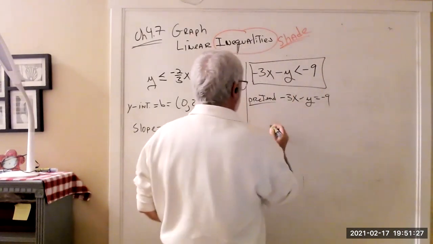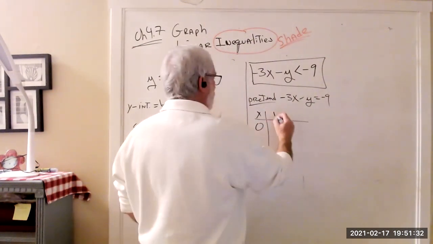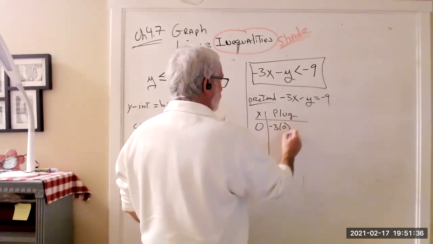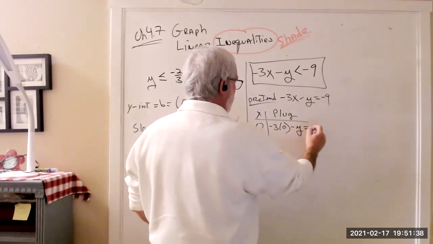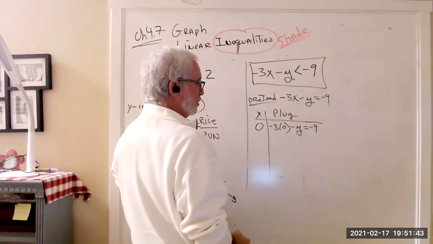You're saying if x is 0, then we plug it in. So you're going negative 3 times 0 minus y equals negative 9. You're solving that equation. Right, but how do you do that?